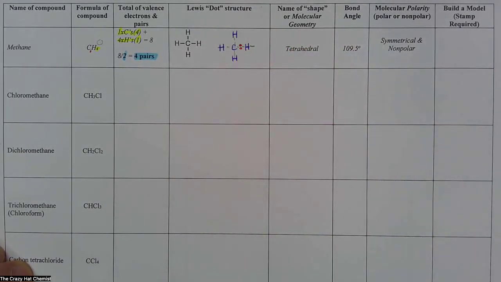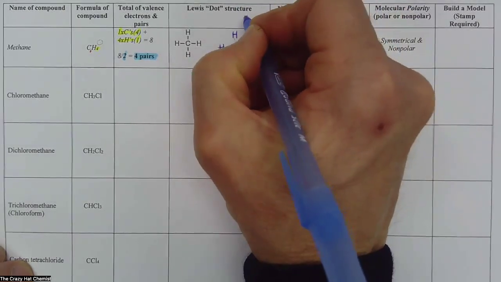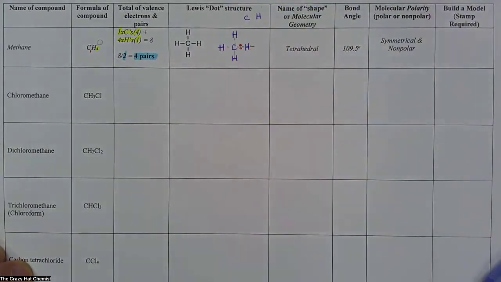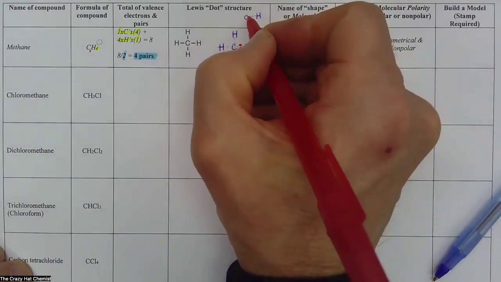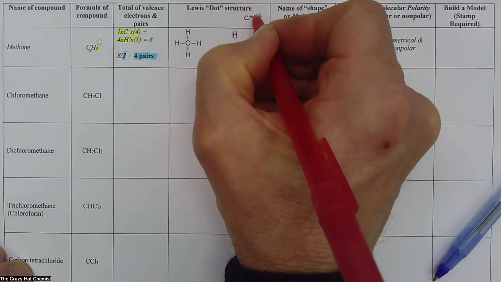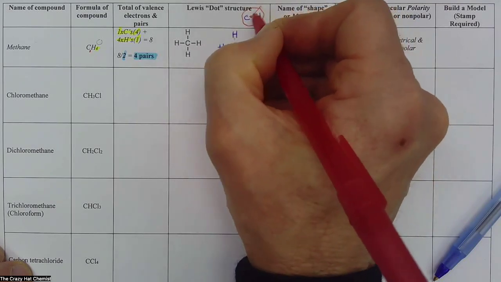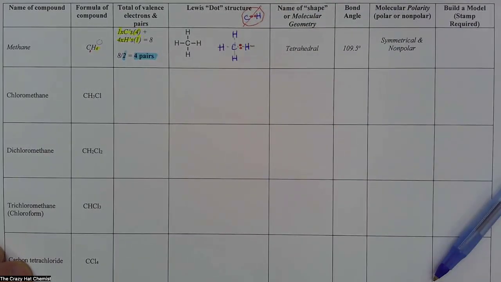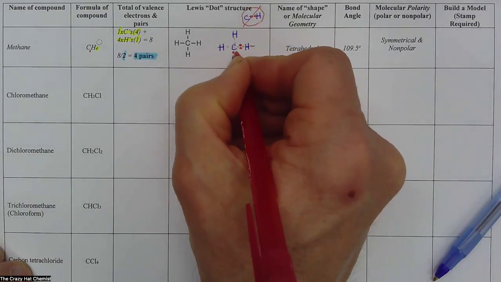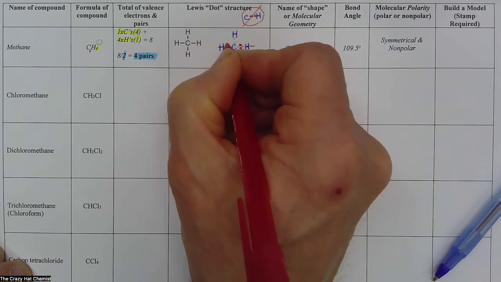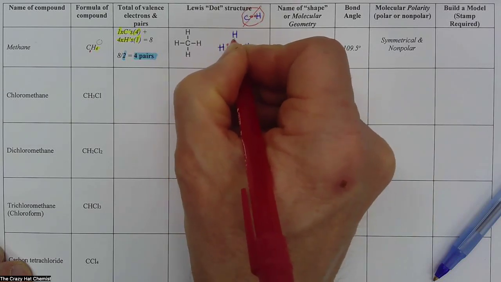Just as a note, we will not do the following: carbon and a hydrogen, and you can kind of see that one that I just did in the 3 o'clock position. We cannot place the electron dots like that. That is an absolute no, by convention. So we're going to do 3 o'clock, 6 o'clock, 9 o'clock, and 12 o'clock.